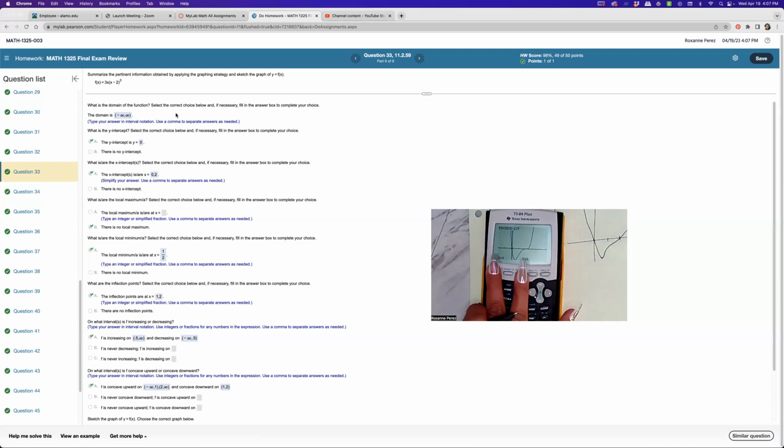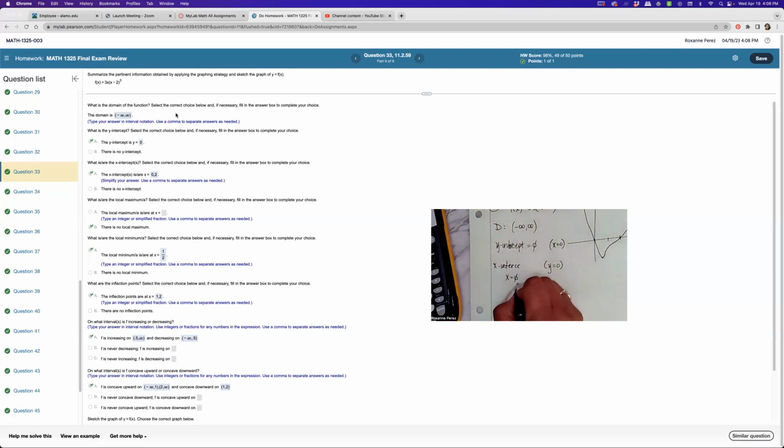So I'm just going to go back to my y equals, hit enter, y equals 0. Hit enter. Now I'm going to do second trace 5. I'm going to hit enter, then enter again and enter a third time. And this is telling me y equals 0 when x equals 2. So that's my other point of intersection. So x equals 0 and 2.